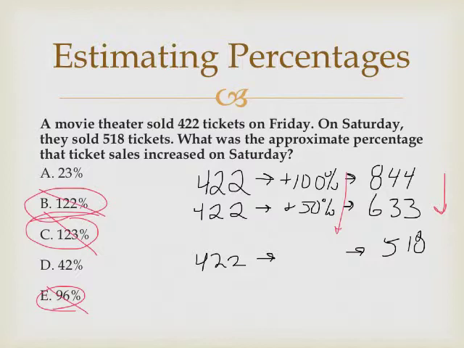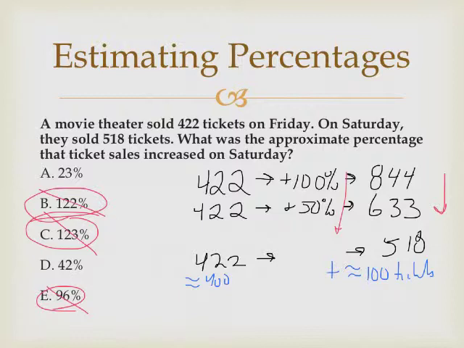So now, if we're going to do this without a calculator, there's another couple ways to look at it, which is to go from 422 to 518 is approximately 100 more tickets. And so if I'm increasing it by 100, this is about 400, rounding down quite a bit.